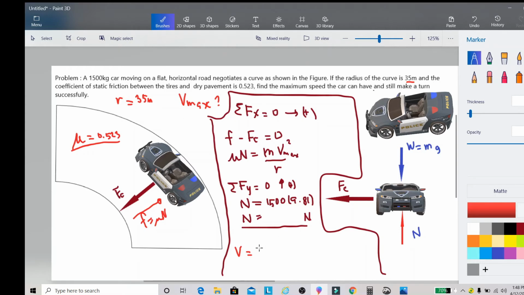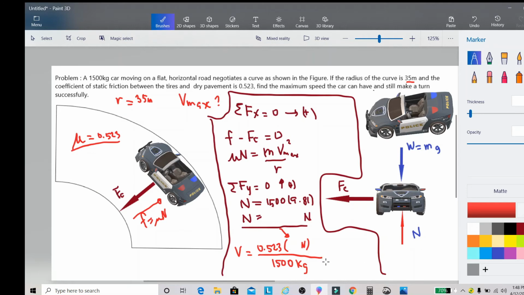Mu is 0.523 times whatever value of that N will be substituted here. So we divide that by m, which is 1,500. This is in kilograms, and this will be in newtons.